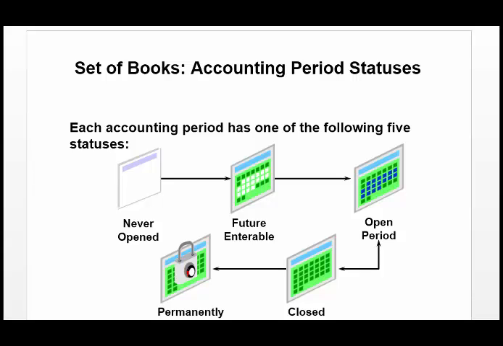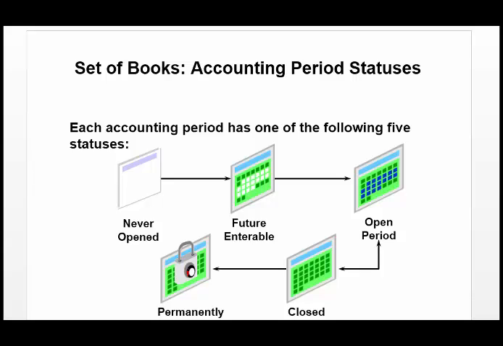That's why when you see there are two arrows between the open period and the closed period, they go both ways, because I can open a closed period. So let's say, as we said, January has already passed. I'm now in February, and I get a late invoice for an expense that was incurred in January. Then I'll go back and open January, post that invoice to January, and then close it again.